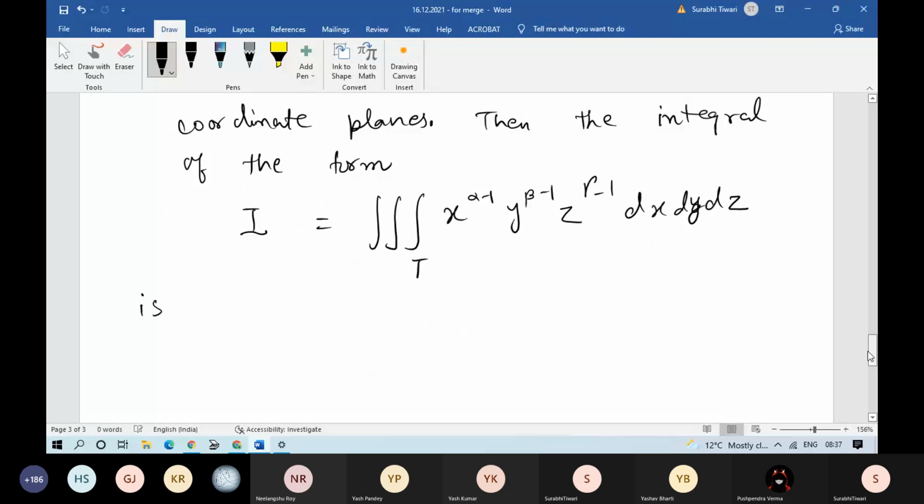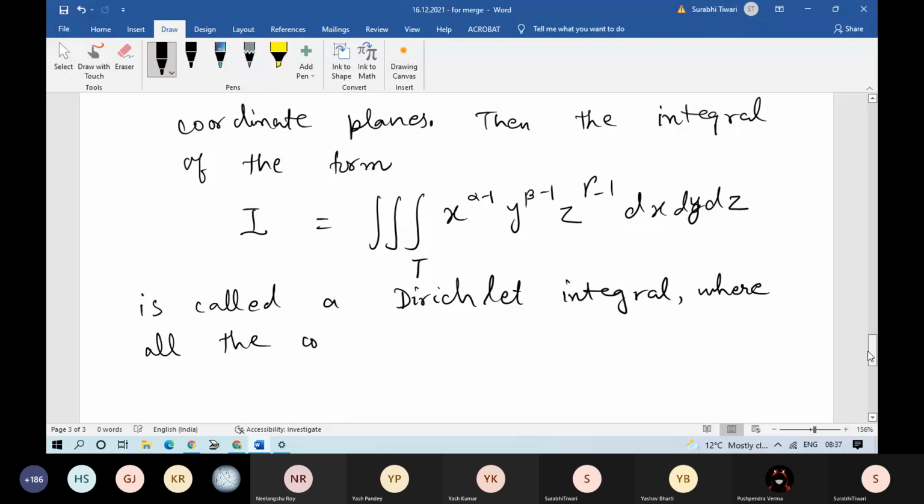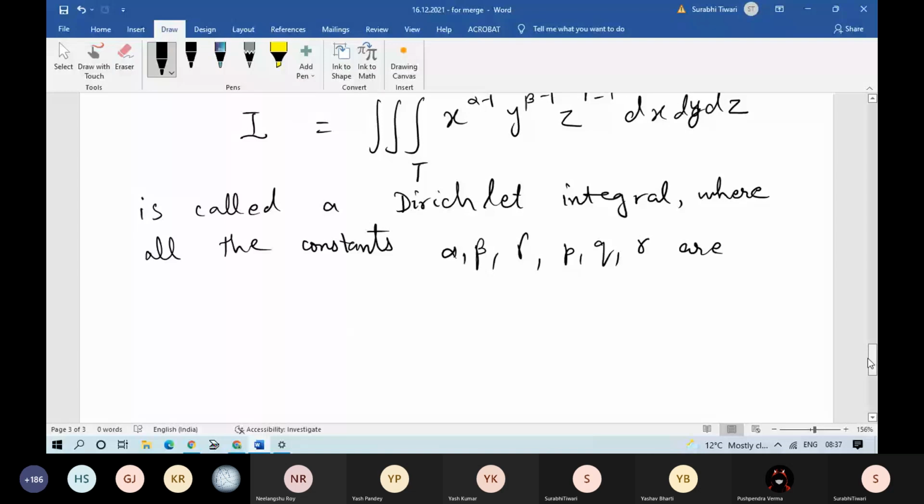Is called a Dirichlet integral, where all the constants alpha, beta, gamma, p, q, r are assumed to be positive.